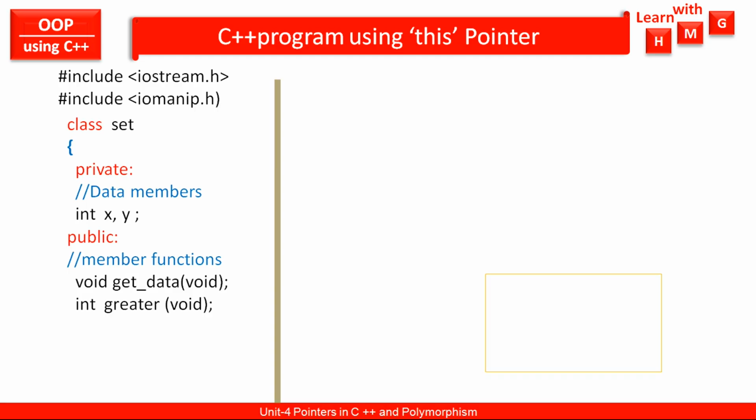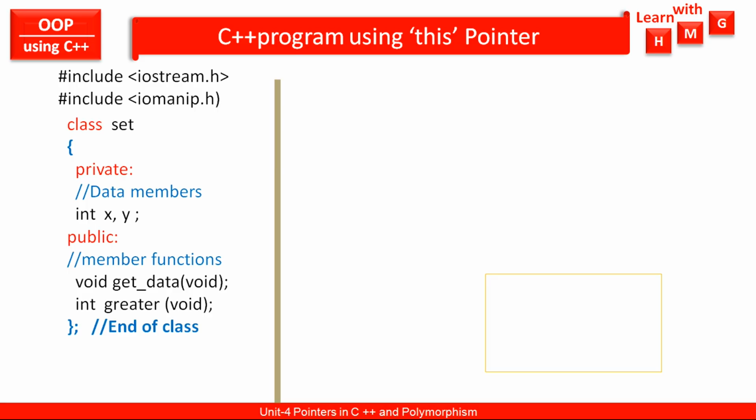The getData member function does not accept any argument and does not return any value, so the return type and arguments are both void. The second function, greater, does not accept any argument, so its arguments are void, but it returns an integer type of value because it is going to return the greater number out of x and y. So end of the function, end of the class declaration.